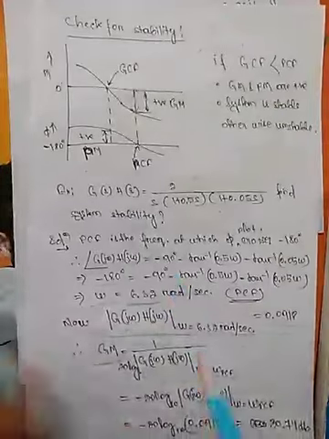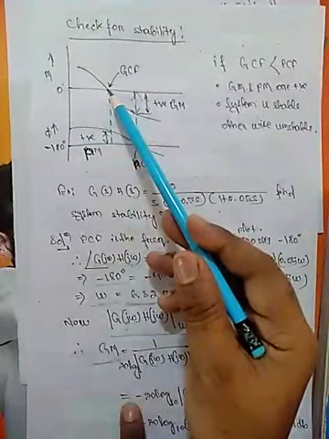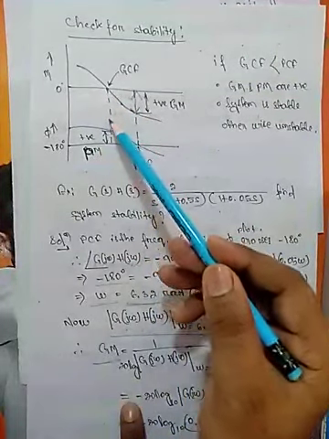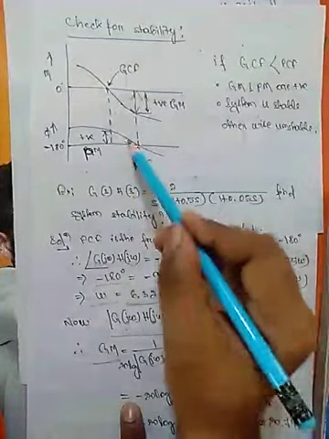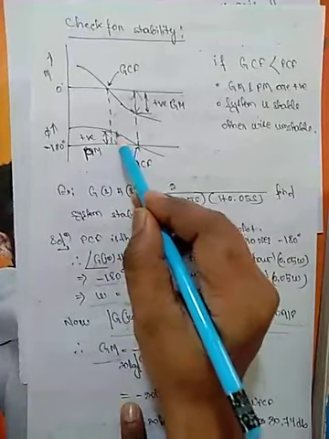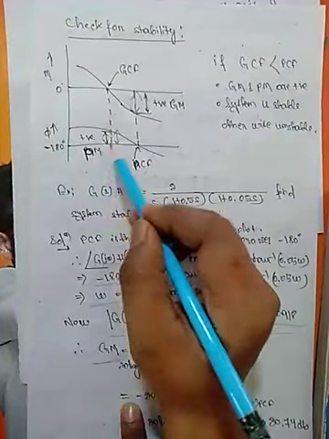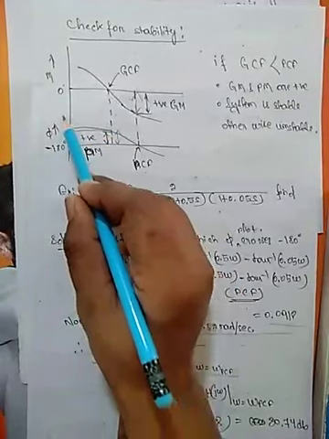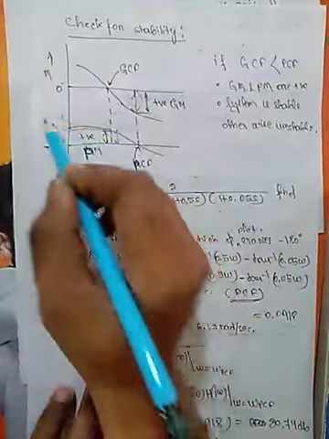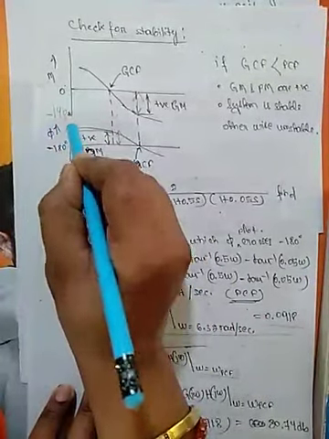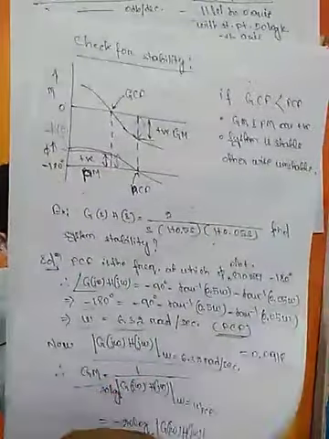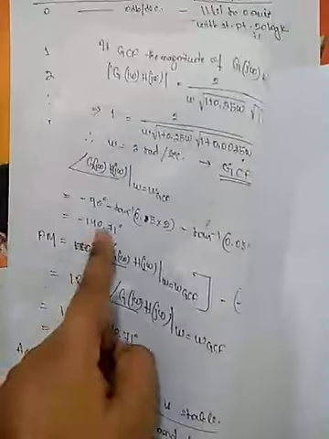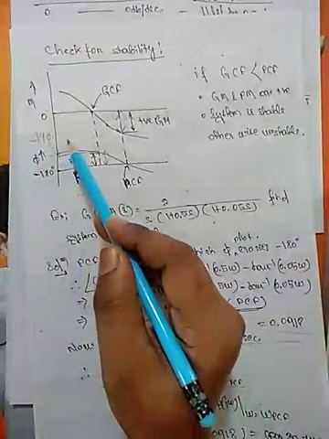See here: when you draw a perpendicular line from the gain crossover frequency to the phase curve, this difference is the phase margin. Here the phase angle of G of j omega is minus 140.71 degree.